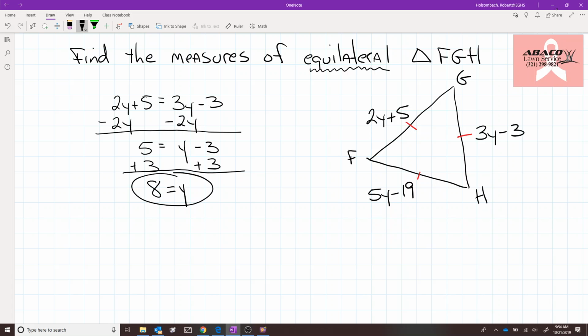So your y equals 8. Now you can substitute. Right here you're going to go 2 times 8 plus 5, which is 16 plus 5? 21. That was tough, wasn't it? They're all 21, aren't they?